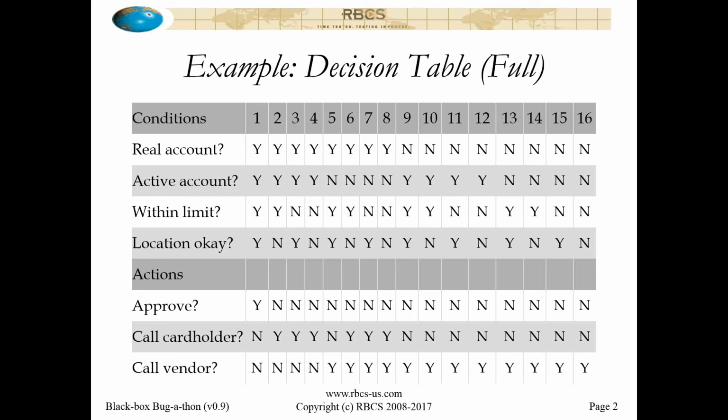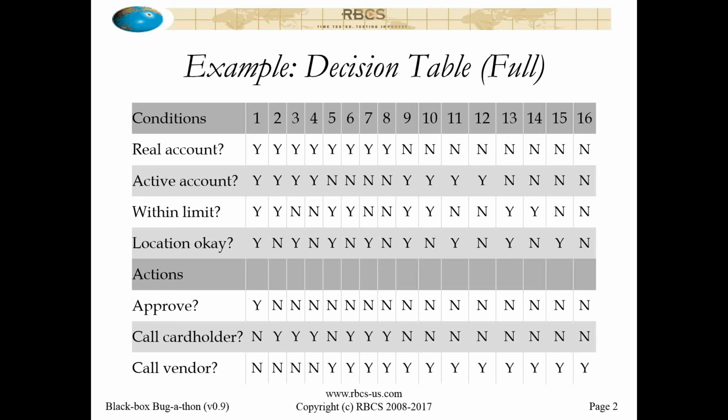So we create a test for column 1, and we check that the actions taken and not taken are correct, and then we check column 2, are the actions taken and not taken correct, and so forth. So it's a very nice compact representation of the business logic of the application, and a very nice portable and simple way of testing it.